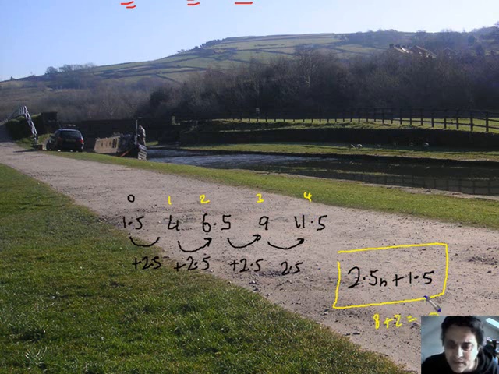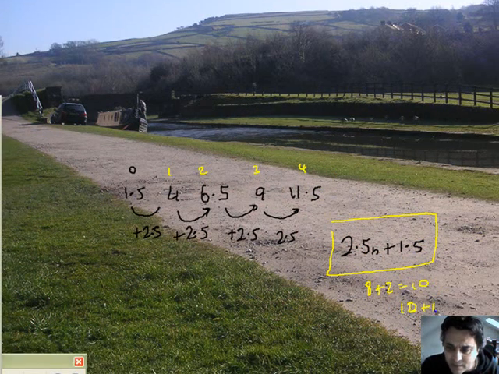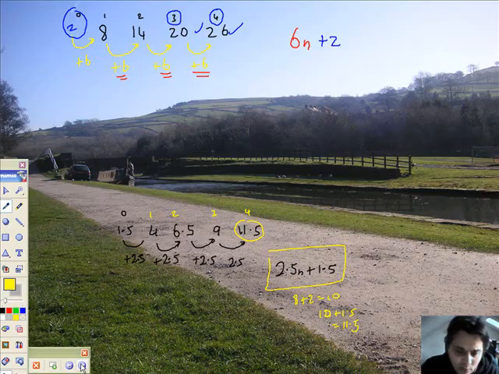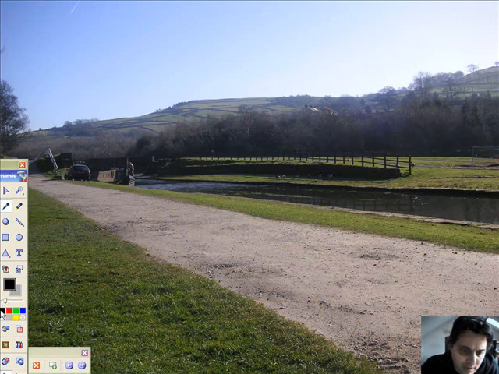I'm up to 10 so far. Then add on the 1.5. So 10 plus the 1.5 does in fact give me 11.5. So I've clearly tested the rule using just one of the terms. And I've got 11.5, so the sequence absolutely works. Any more like that? Alright, let's have a look.